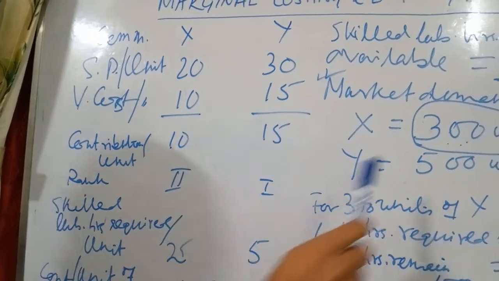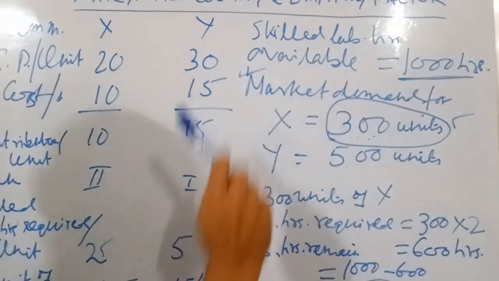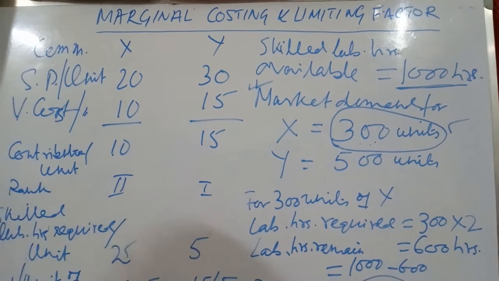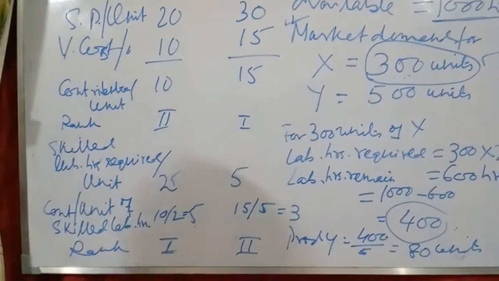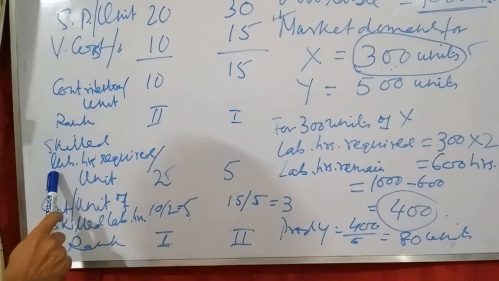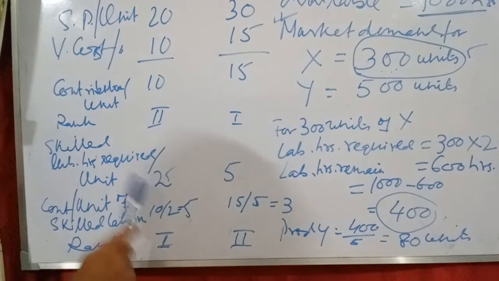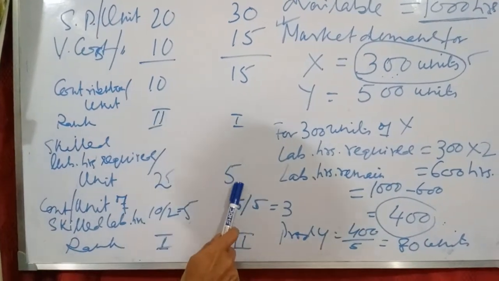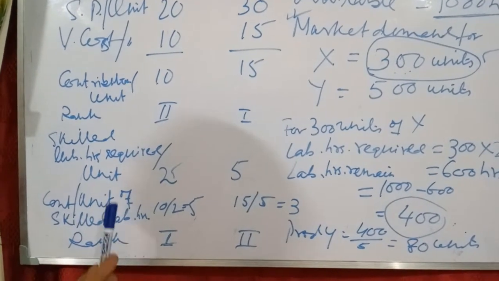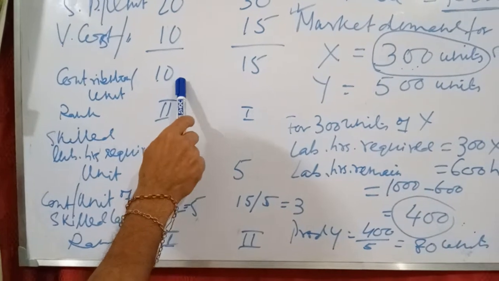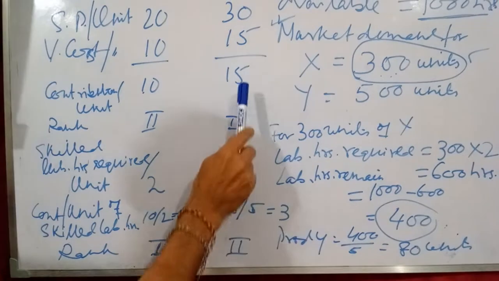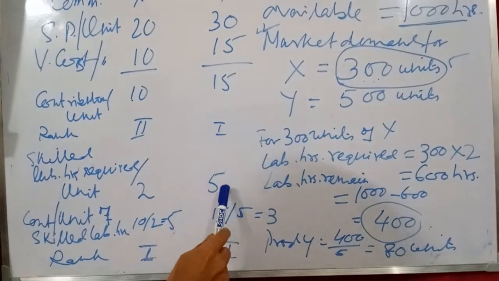The firm has only 1000 skilled labor hours to produce the 2 commodities. So here we calculate the contribution per unit of labor hour. Skilled labor hours required per unit to produce X is 2 and to produce Y is 5. So contribution per skilled labor hour becomes 10 divided by 2, that is 5, and here it is 15 divided by 5 equals 3.